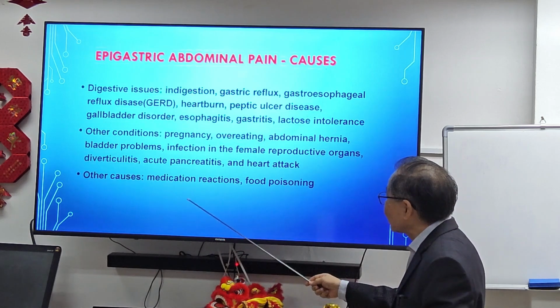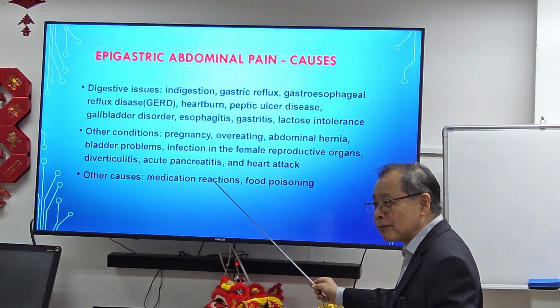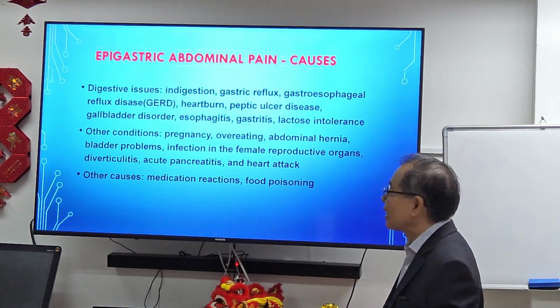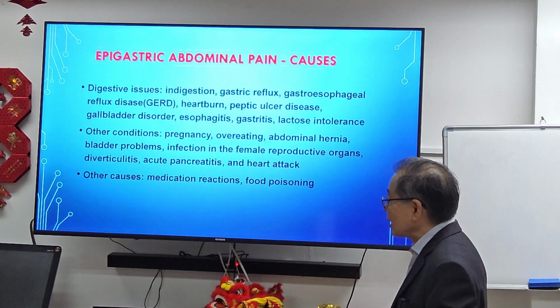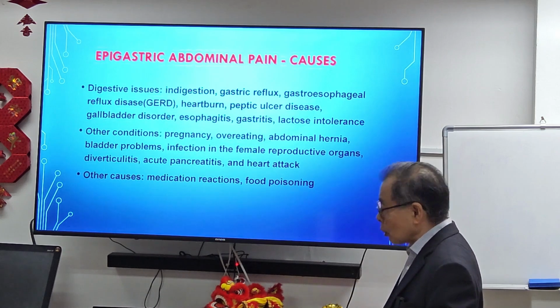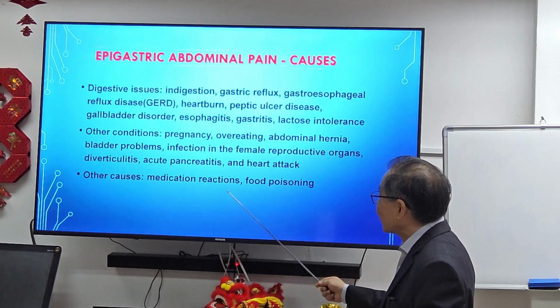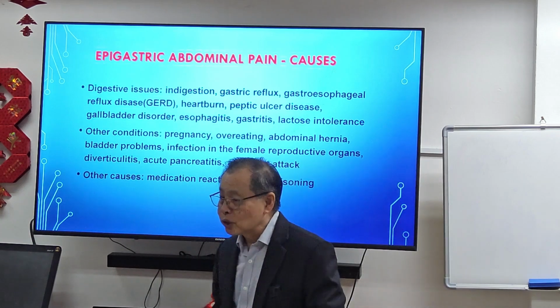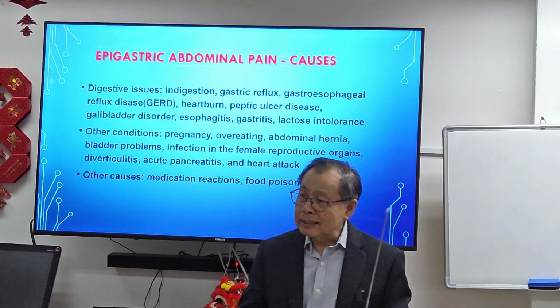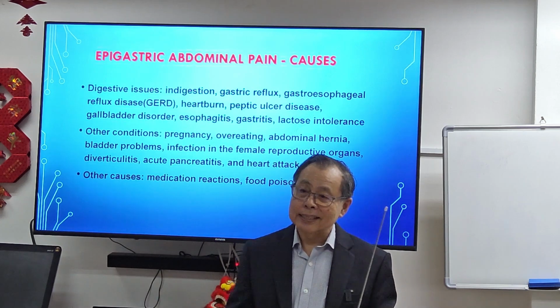So other causes, medication. Now this is very, very common. Medication reaction. In fact, I have seen another case who also eventually died. He was bleeding. And the cause of it, we eventually traced to the fact that he had arthritis and he was taking a lot of painkillers.